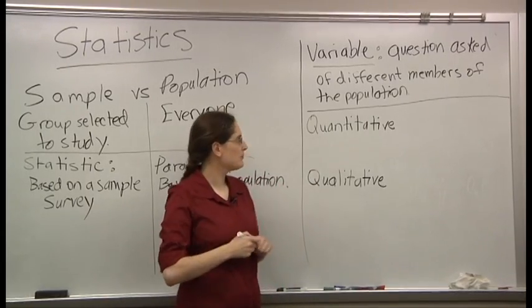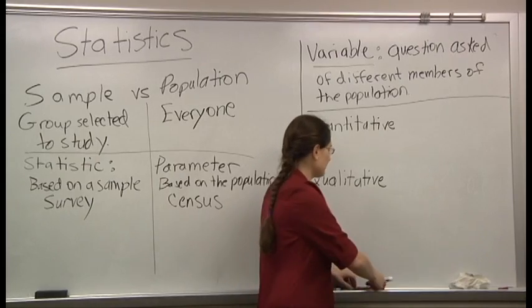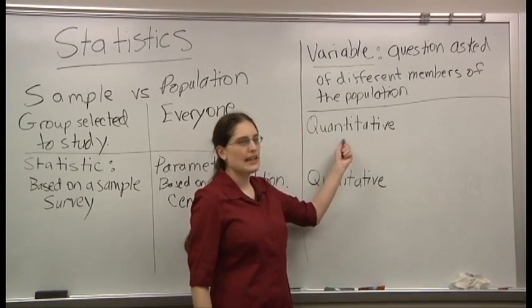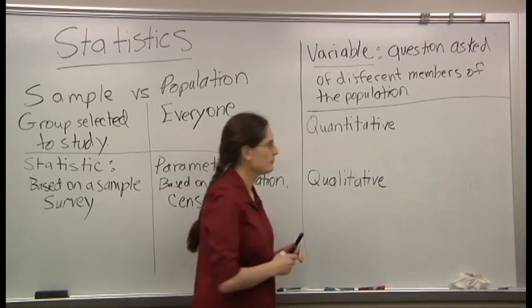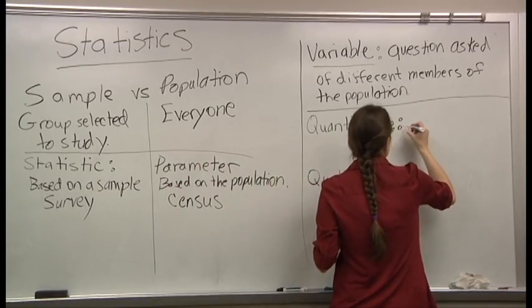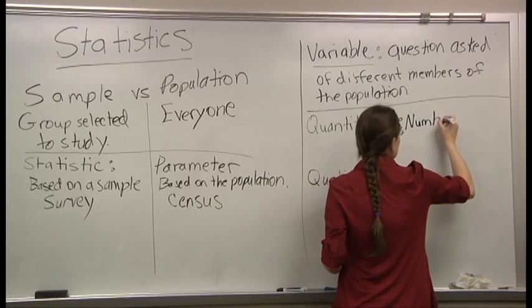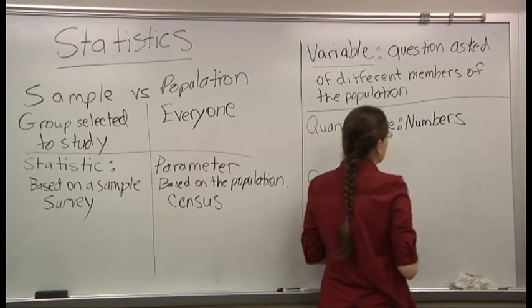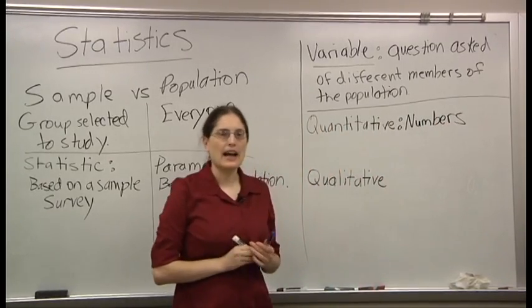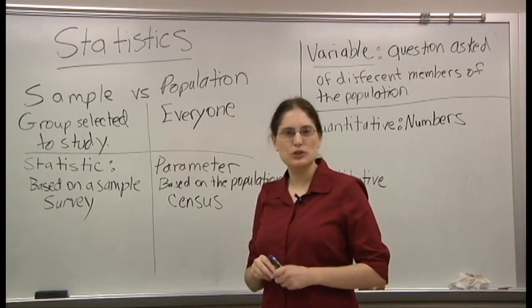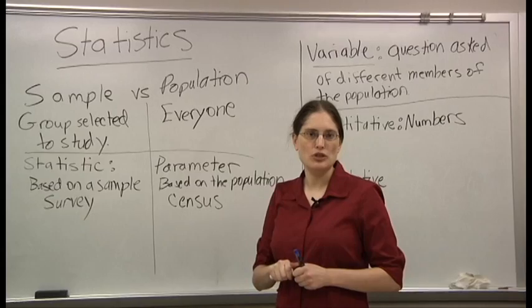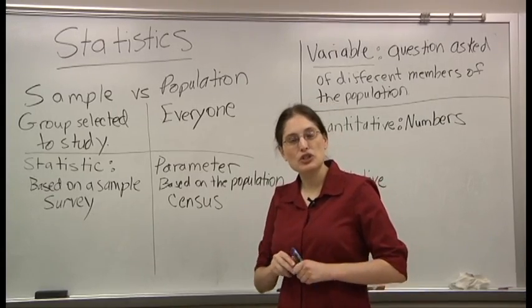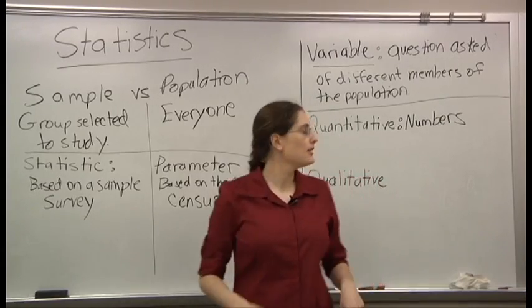What do these mean? A quantitative variable is a number. Like, how tall are you? How old are you? How much do you weigh? How many children do you have? How much does your dog weigh?